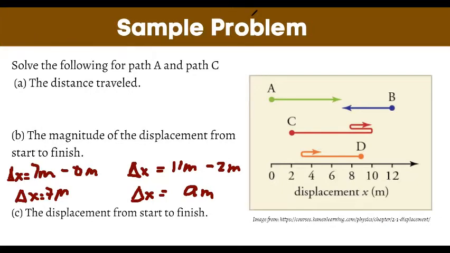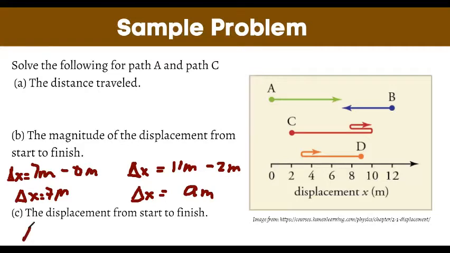So the displacement from start to finish is just the same as the magnitude, but we must know that when we're talking about displacement, we must check for the sign. Meaning you have to take note of the positive sign and the negative sign.